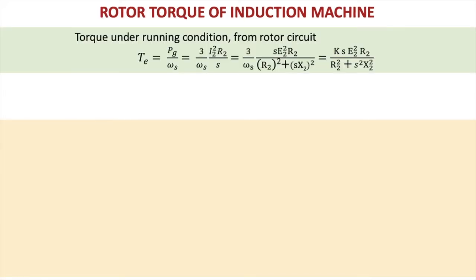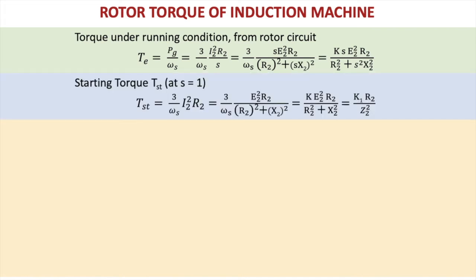Now the rotor torque of the induction machine, that we have already done. It is given by air gap power by omega s, which for a 3 phase motor is equal to 3 by omega s, I2 square R2 by s, and substituting the rotor induced EMF, you will get the equation. Now what is the starting torque?